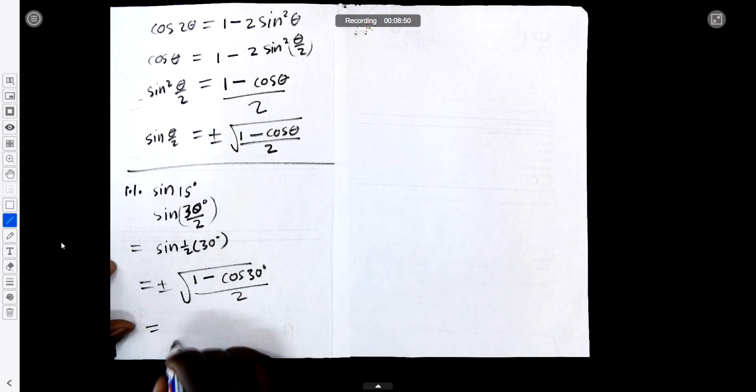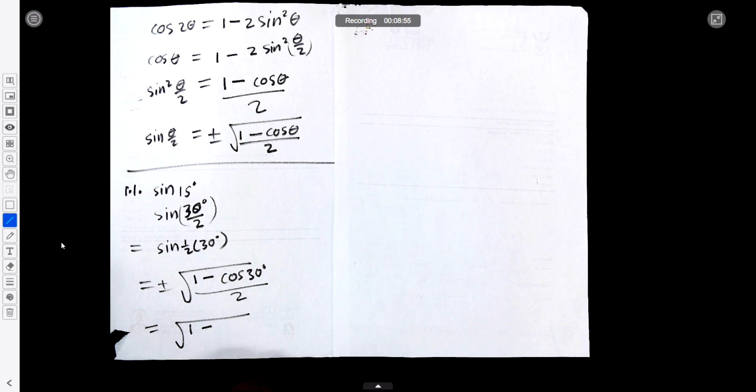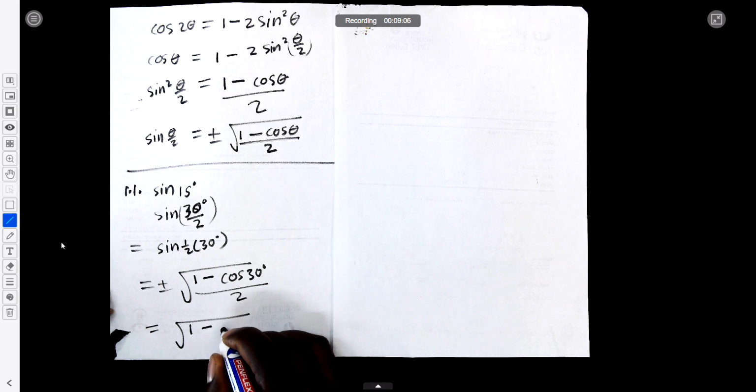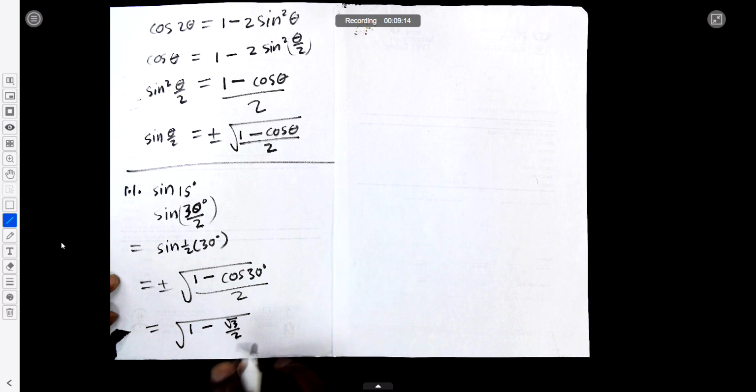So without the use of a calculator, to get the cosine of the angle, I'll have 1 minus. From the special triangle, what is cos 30? Special triangle. What is cos 30? It is root 3 over 2.